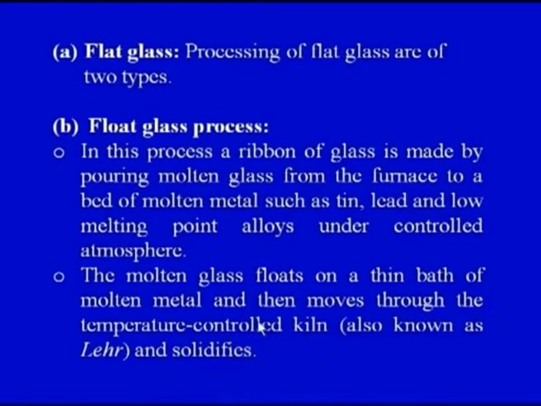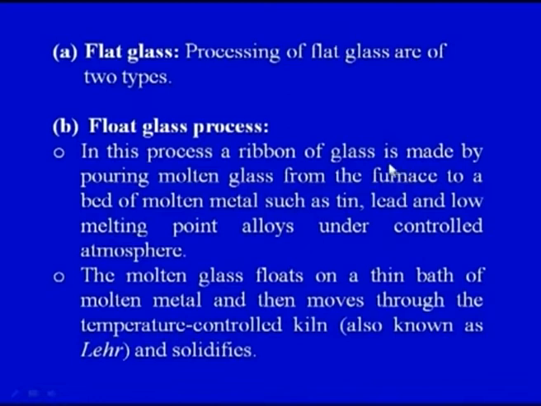In a float glass process, a ribbon of glass is made by pouring the molten glass, sorry, not the metal. These are the processing techniques for glasses, so our focus is on glasses. So in this float glass process, a ribbon of glass is made by pouring molten glass from the furnace.